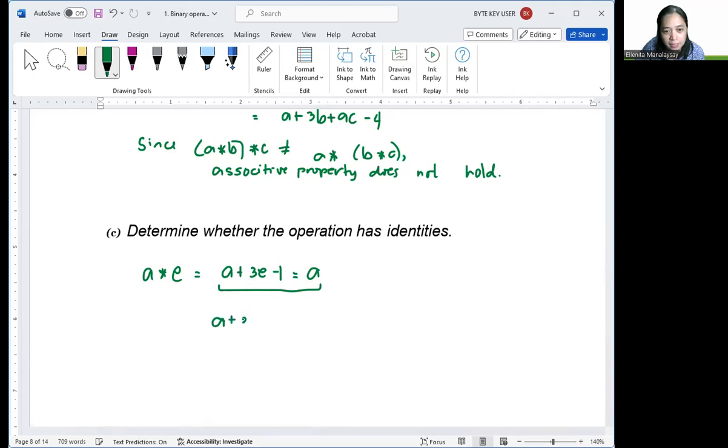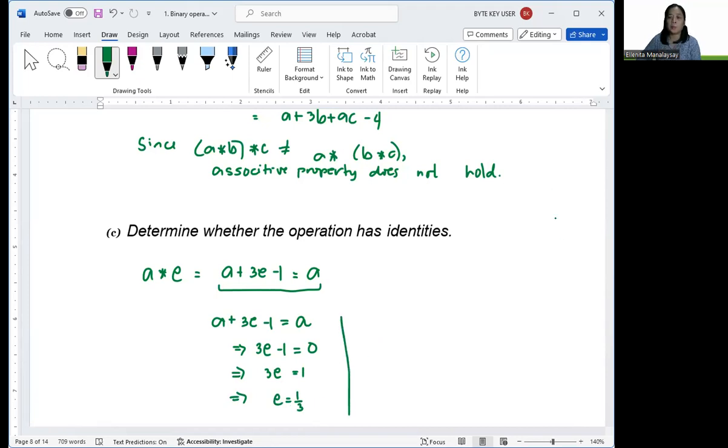So A plus 3E minus 1 is equal to A. If we subtract A from both sides of the equation, this implies that 3E minus 1 is equal to 0, which implies that 3E is equal to 1, which further implies that E is equal to 1 over 3.